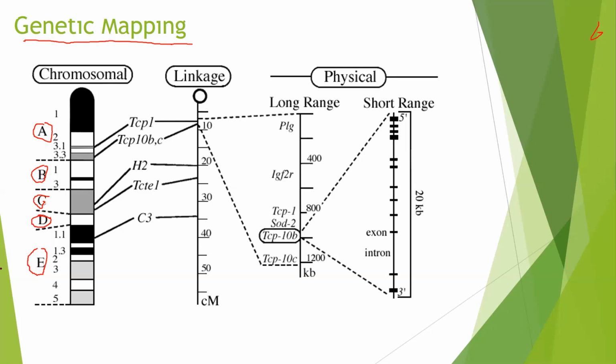Because we know these 5 genes are on the same chromosome, but we also want to know how these 5 genes are arranged on this chromosome. In other words, we want to find out the positions of these genes, and also figure out the distance between these genes. So this practice is called genetic mapping. The mapping means we will find the genetic map for those genes on the same chromosome.